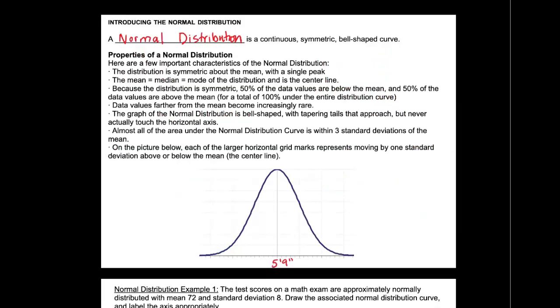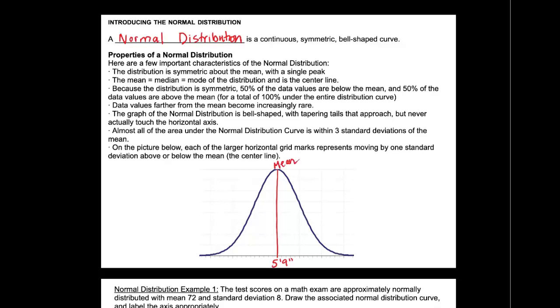So here we have another picture of a normal distribution, and let's just talk about some properties of a normal distribution. One thing that's really important to notice is that it's symmetric about the mean, and we can even start with the second bullet first. The mean, median, mode are the same, and it's in the very center line. So I put 5 foot 9 inches.